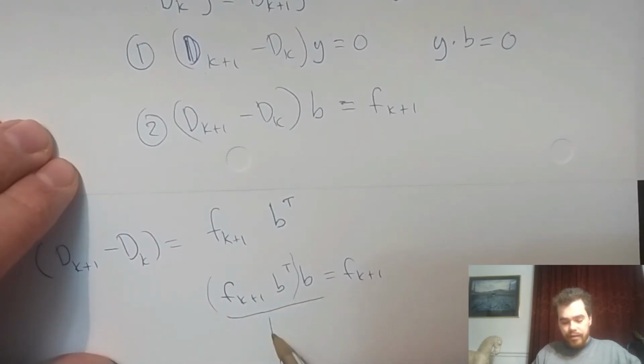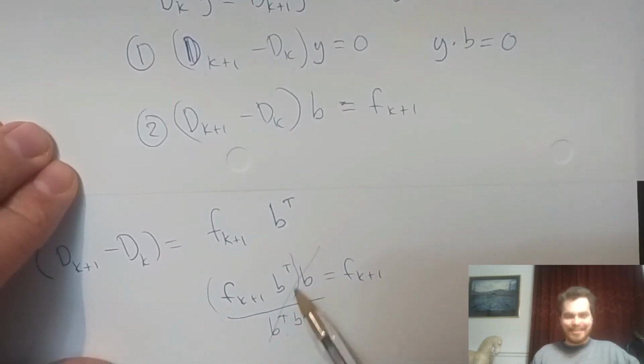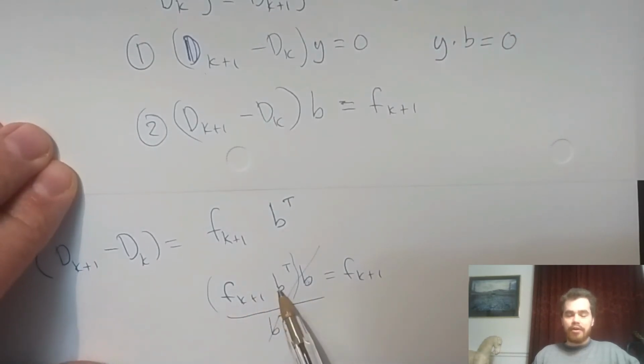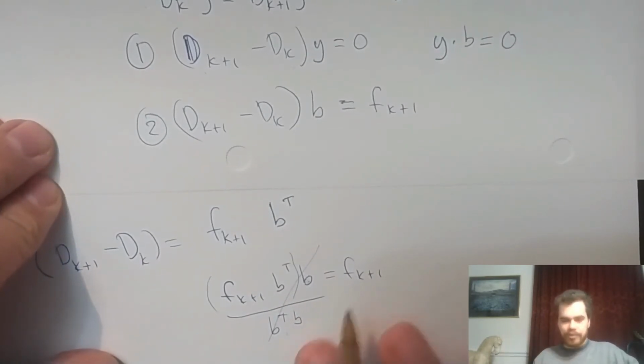So if we divide by b transpose b, it's gone. All this cancels out because we're just dividing a scalar by a scalar. I stared at this for half an hour somehow and missed this very obvious thing, that these two things together become a scalar, even though these two things together are a matrix. The wonders of matrix vector and vector multiplication.